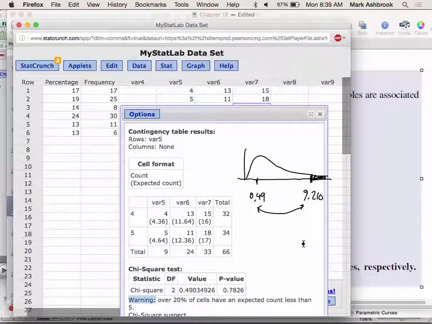There seems to be no association, or no dependence, between social status and nursery rhyme knowledge. It's just a warning, and they still give you the data, and because those are so far apart, we can pretty much still conclude: do not reject the null.